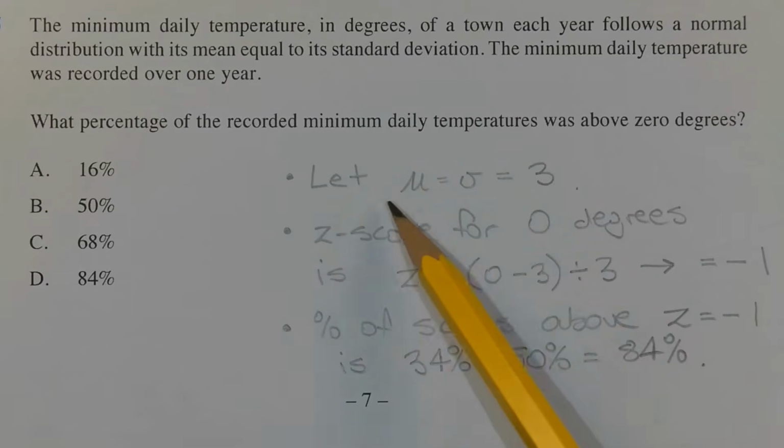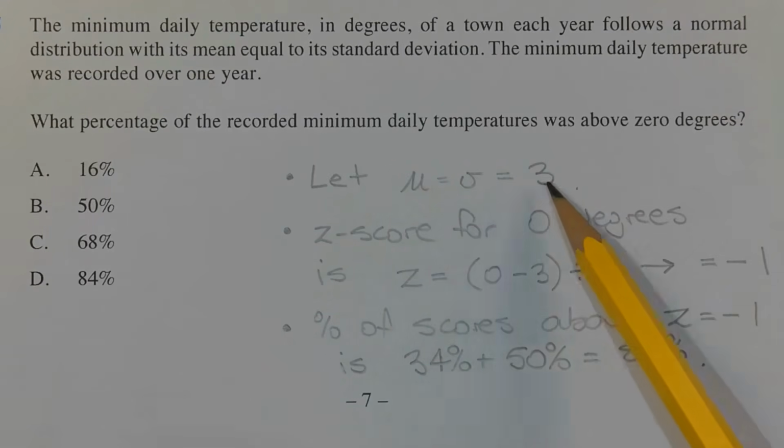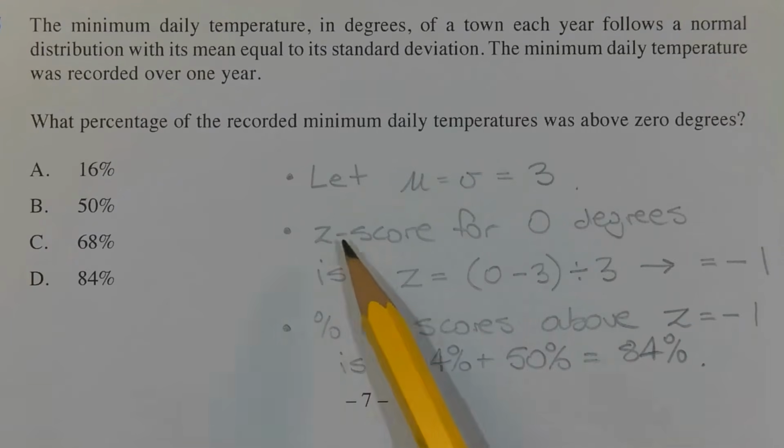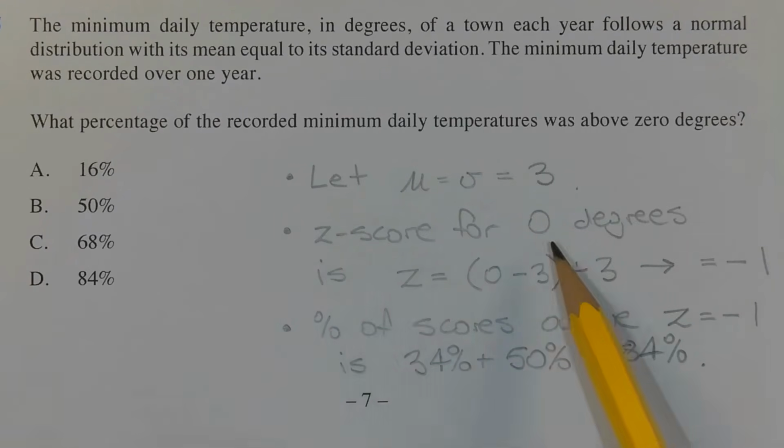So I'm going to let mu equal sigma equal 3. Now, 3 is just a random positive number. It doesn't matter what you choose here, as long as it's positive. If we wanted to make it easy on ourselves, we could have just chosen 1, but I've chosen 3 just to show you how this works. The next thing is we need to work out a z-score for 0 degrees Celsius using the z-score formula.